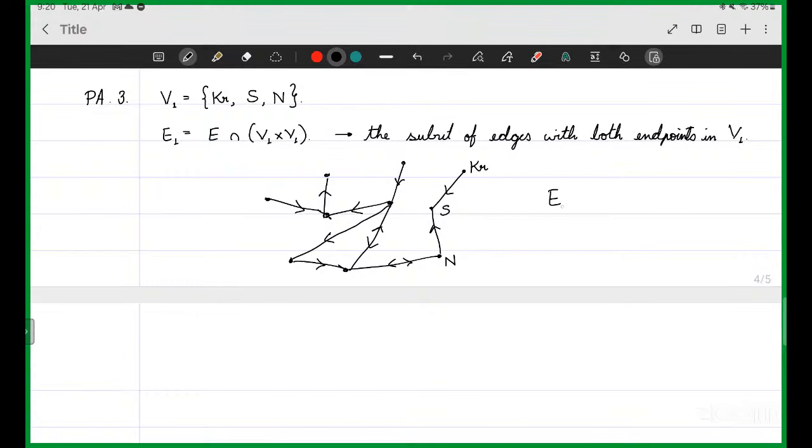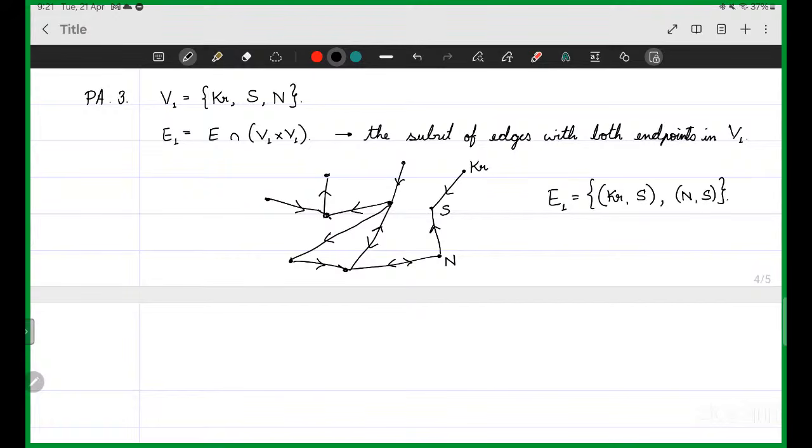Can you list the elements of E1? That would be KS and NS. Care, no. We'll repeat it, right? Twice. Yes, that's it, I guess.